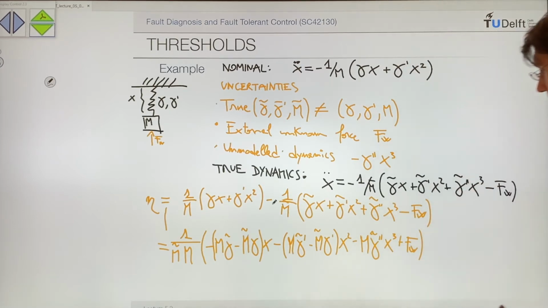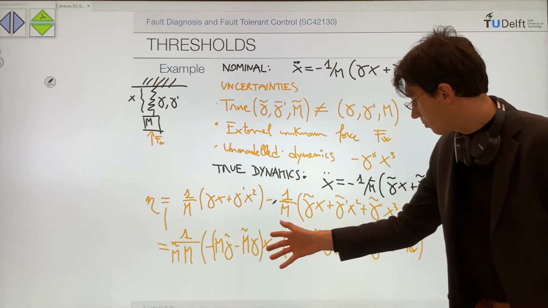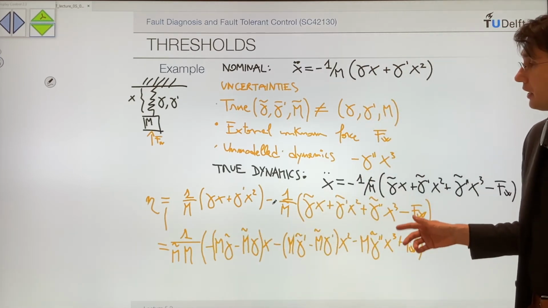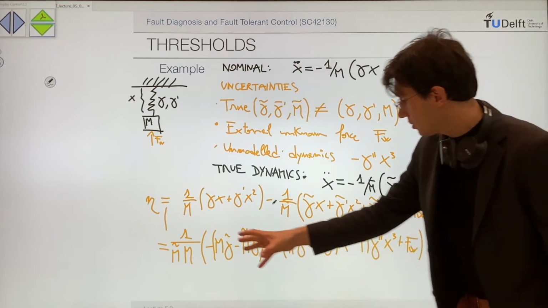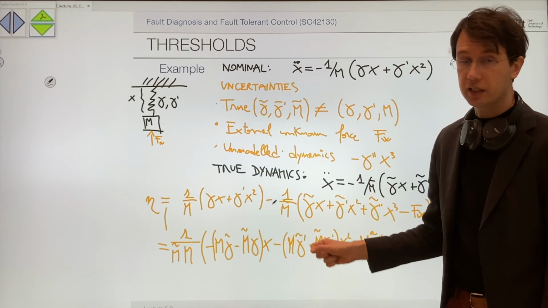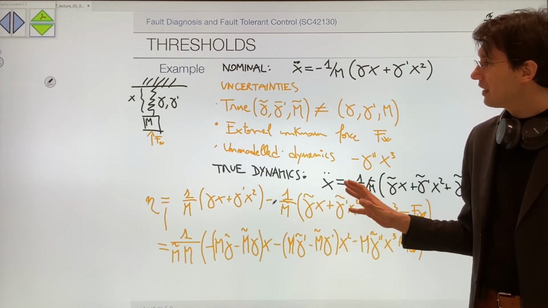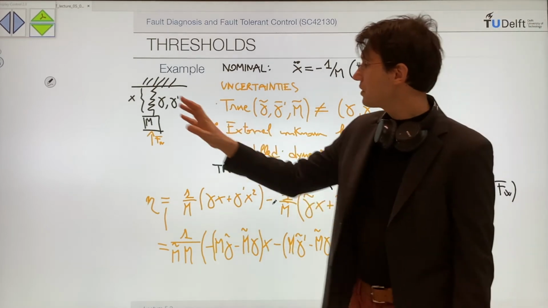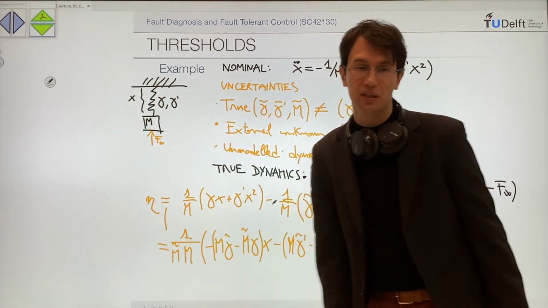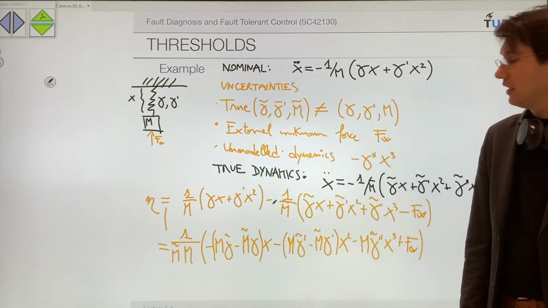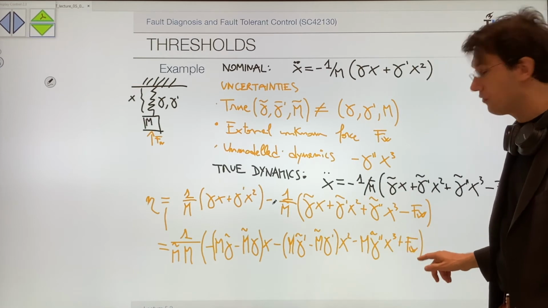Okay, sorry. So now you see an expression that is grouped according to powers of x. So you see that the uncertainty is depending not just on the uncertain parameters, but also on the trajectory of the system. So if for some reason we have zero elongation, then the uncertainty here is zero, apart from the force of the wind.